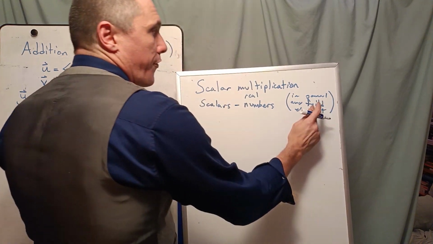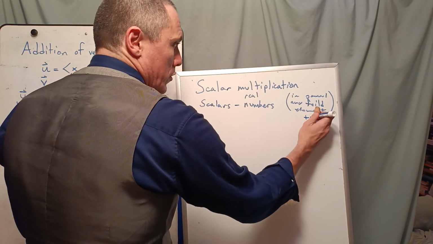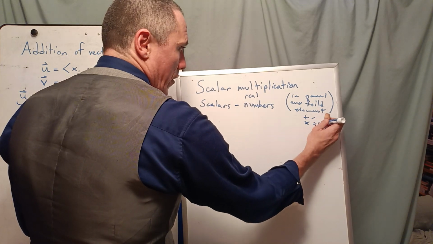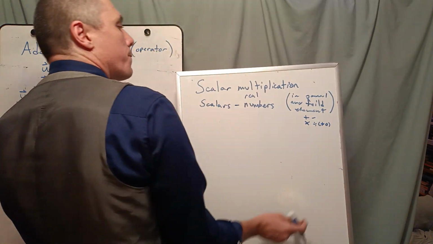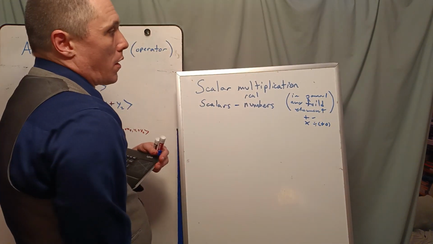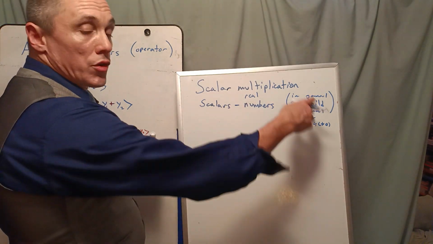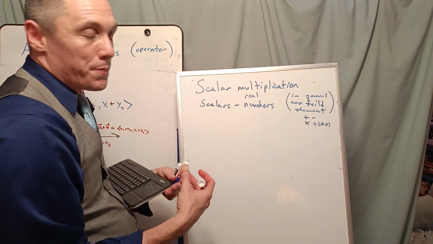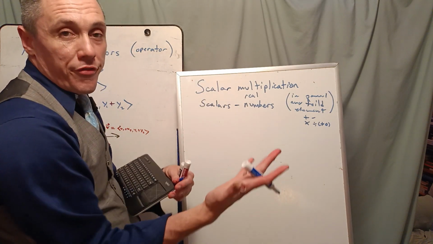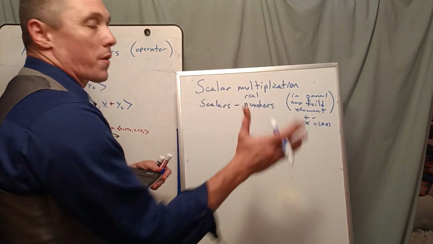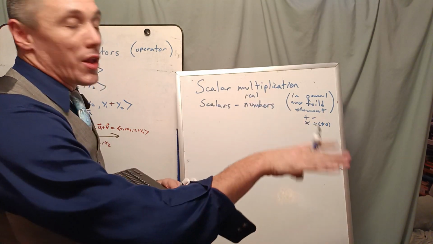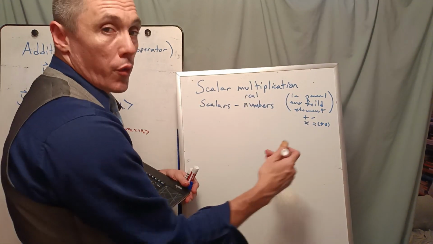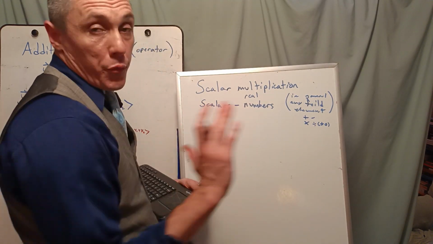So a field is just a place where you can do addition, subtraction, multiplication, and division, as long as you're not talking about division by 0. As long as you can do those operations and you have an identity element for each operation, you are in a field. We'll talk more about fields in some algebra video of the future. But for right now, our field that we're going to use for all of Calc 3 are the real numbers.